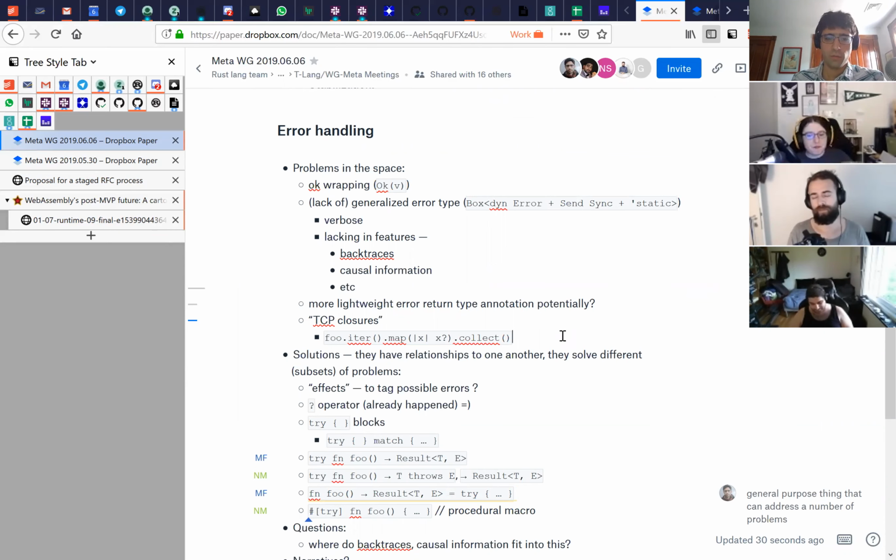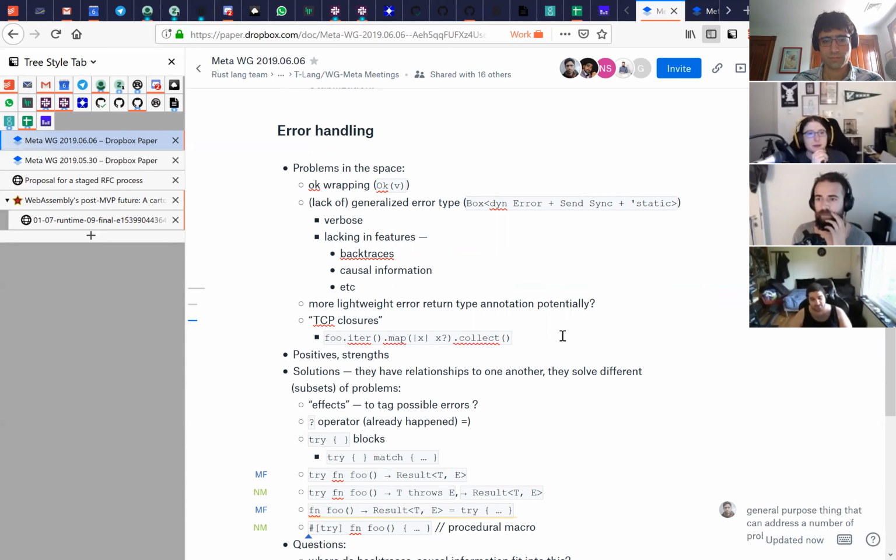And one thing we're not talking about here is positives, not just problems, but strengths we want to preserve, or dangers. I think that's related to this concern about okay wrapping. I like the idea of having a section for what we want to preserve as we solve this problem. I think that's important.